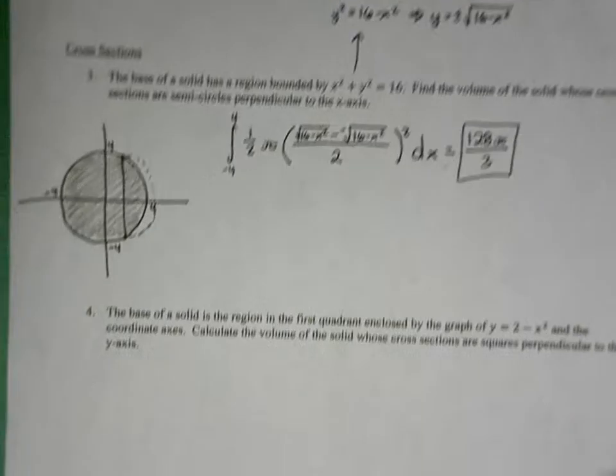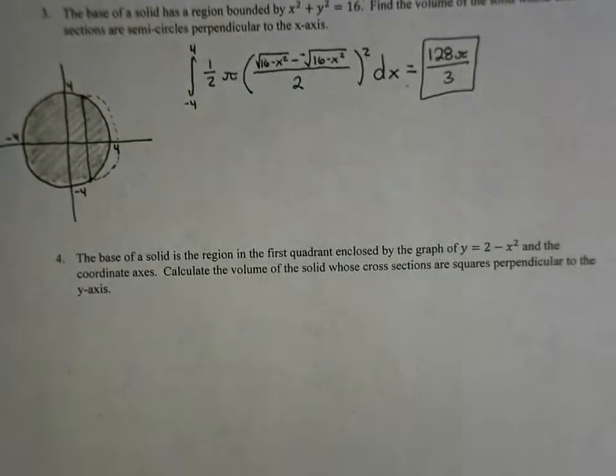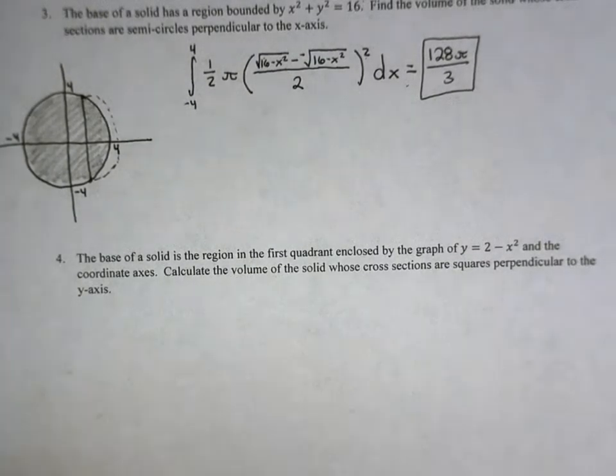Number 4, we have the base of a solid is a region in the first quadrant enclosed by the graph y equals 2 minus x squared and the coordinate axes. So I'm going to go ahead and draw that.